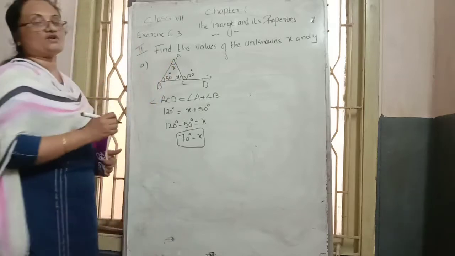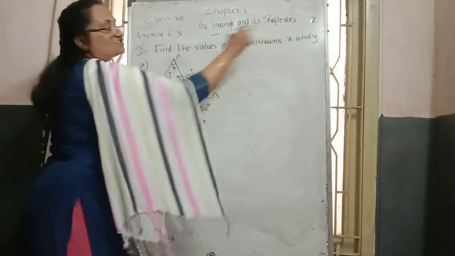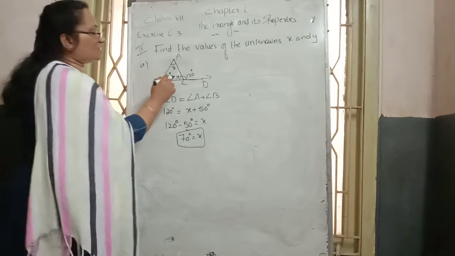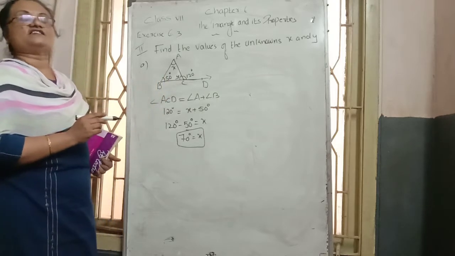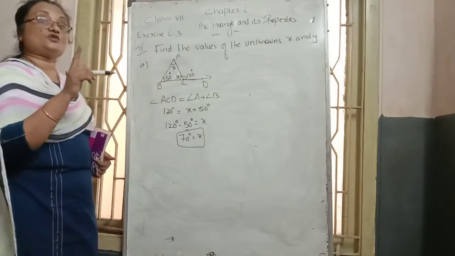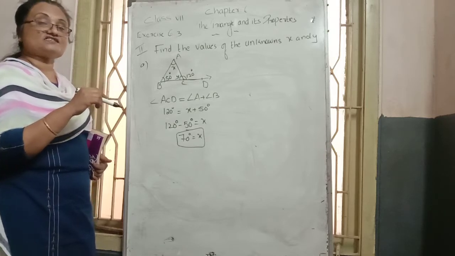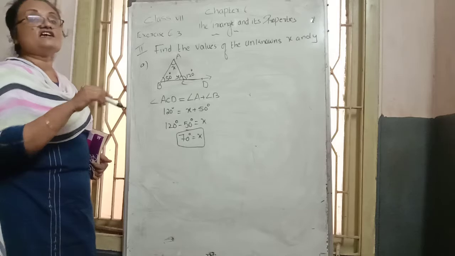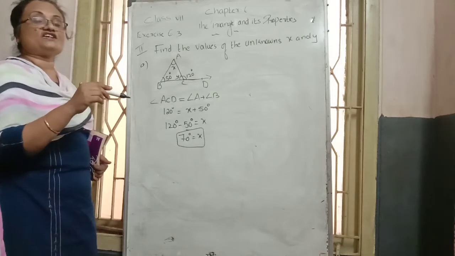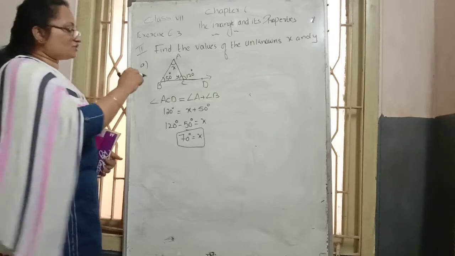So that is the x value. Next, our aim is the y value. The y is inside the triangle, so which property do we apply? The second property we learned, the angle sum property of a triangle. The angle sum property says that the sum of the three angles is how many degrees? 180 degrees. So we apply that property here.